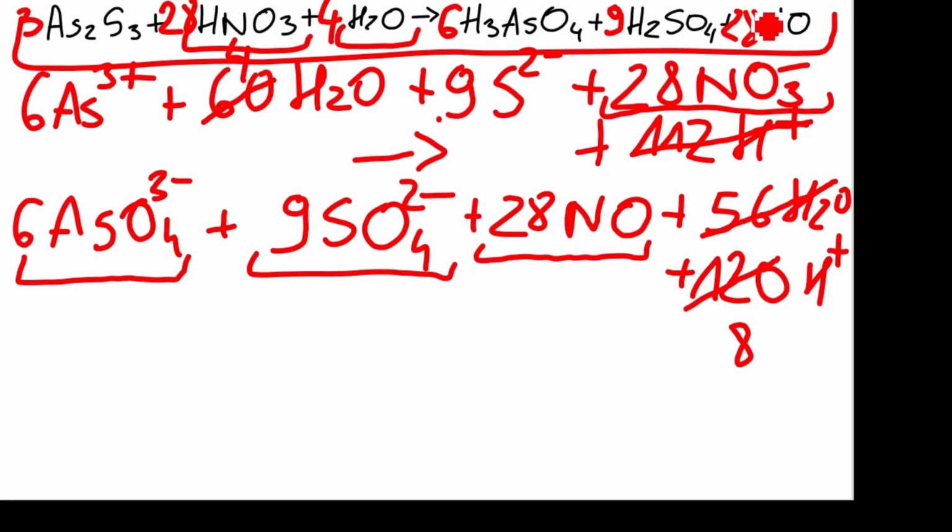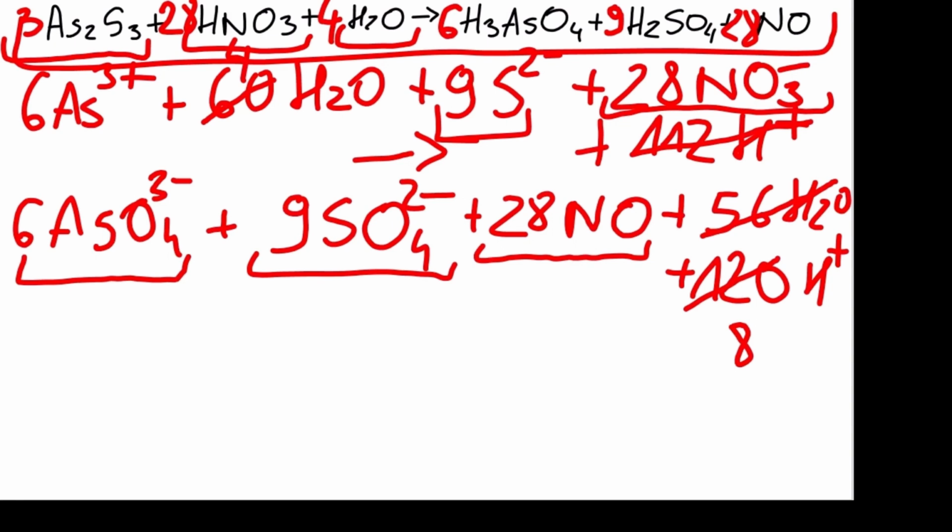What about the sulfide anions? We have 9 sulfide anions on the left side of the reaction. It means that we need 3 particles of arsenic 3 sulfide. Yes, here 3 particles of this salt means that we have 9 sulfide anions.